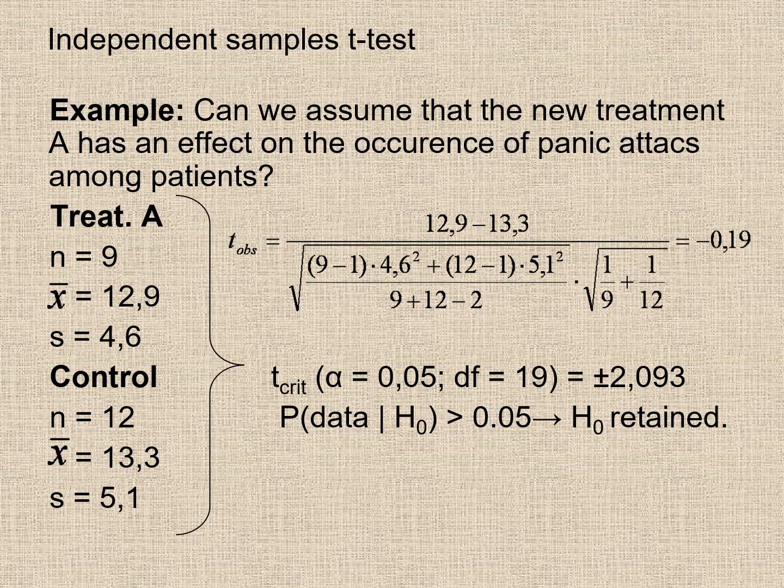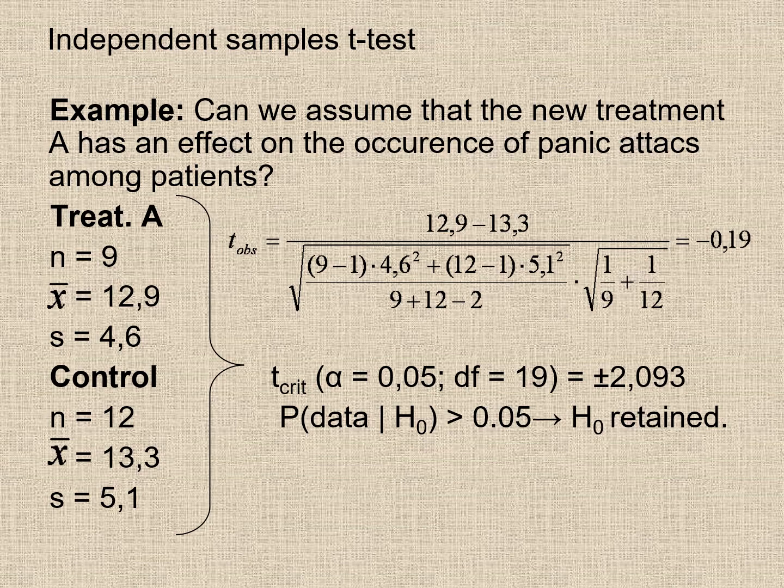So the question is not actually if there's a population difference between the existing populations of treated and non-treated patients. The question is rather, if we give this treatment to everybody in the population, would we see a change in the average level of panic attacks in the population compared with if nobody received this treatment?